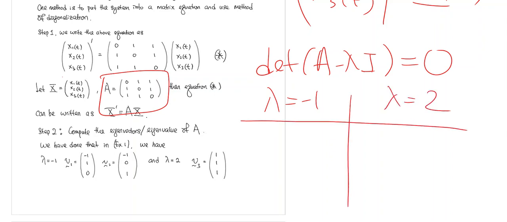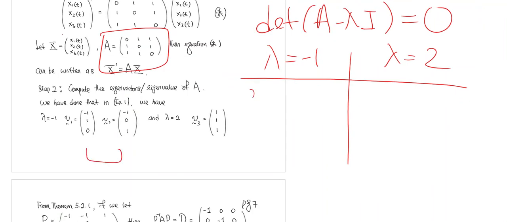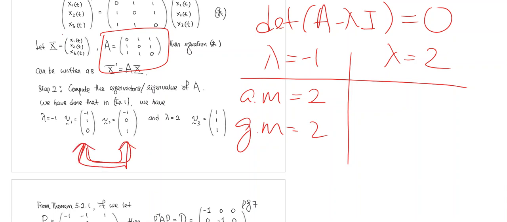In fact, lambda equals -1 will give you 2 independent eigenvectors. Using the terminology from the previous video, if you compute the characteristic polynomial, lambda equals -1 has algebraic multiplicity 2 and also geometric multiplicity 2, because the eigenspace is spanned by these 2 independent eigenvectors.